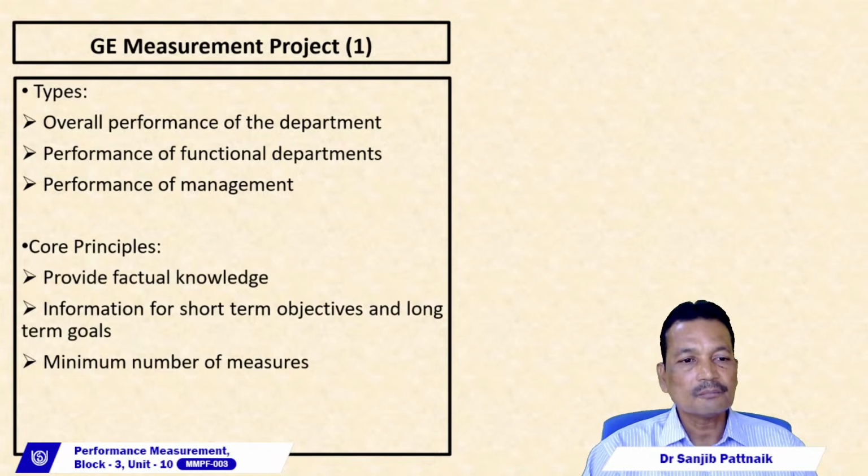So the short-term objectives and long-term objectives should be clearly defined and should be informed to the various levels of managers as per the requirement. The third underlying principle they used was that a minimum number of performance measures should be used in order to measure the performance.